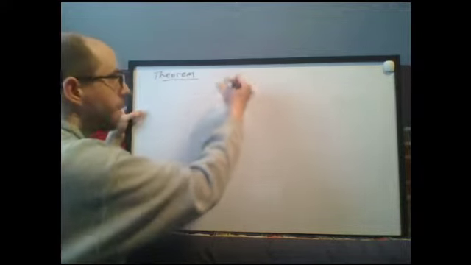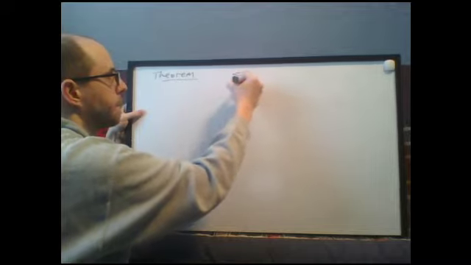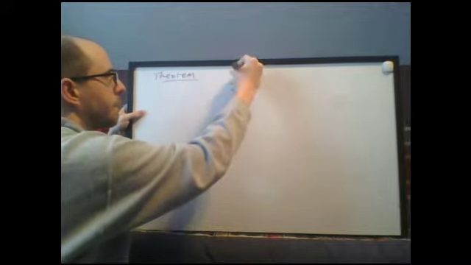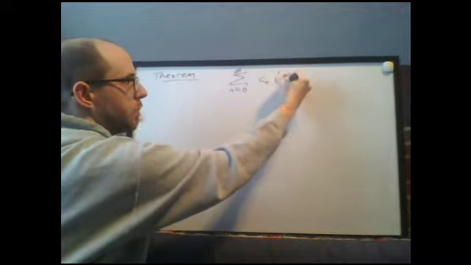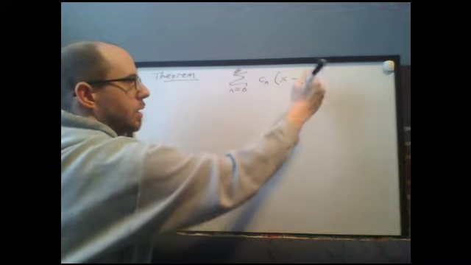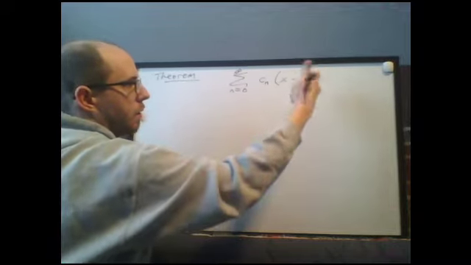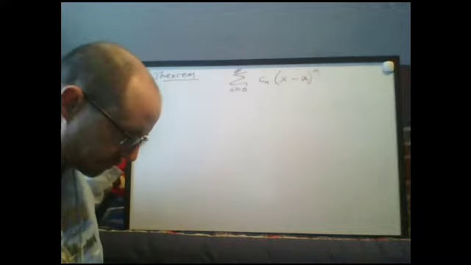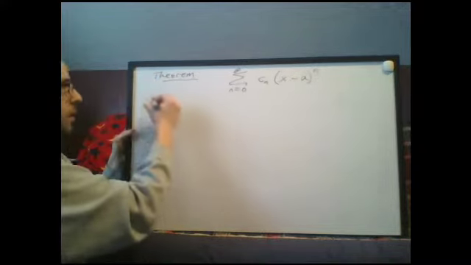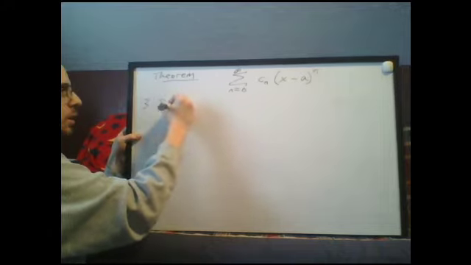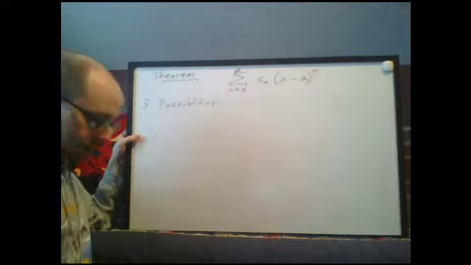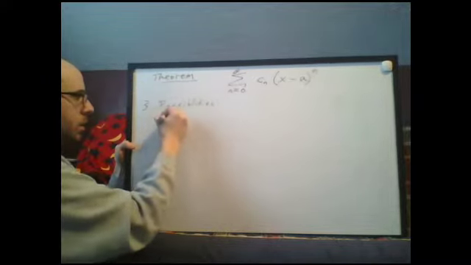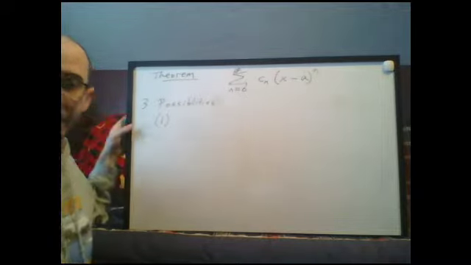For a power series, summation from n equals 0 to infinity, Cn times x minus a to the n, there are 3 possibilities as far as convergence goes, or as far as the domain goes.